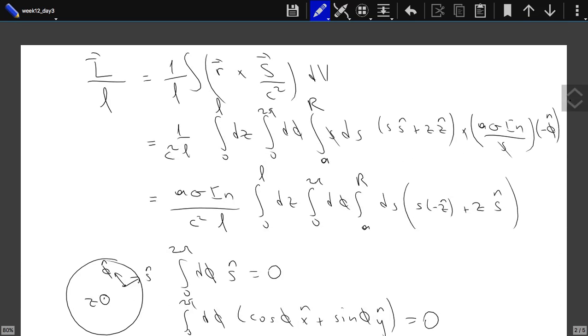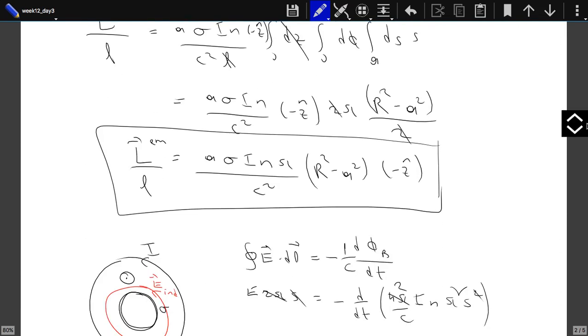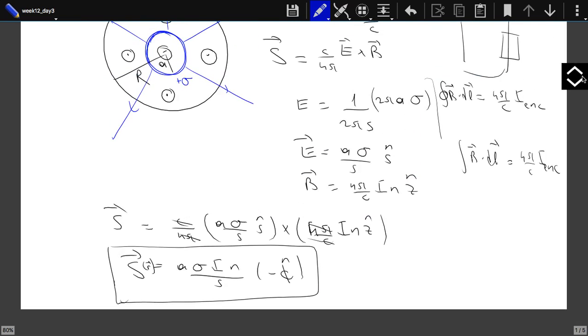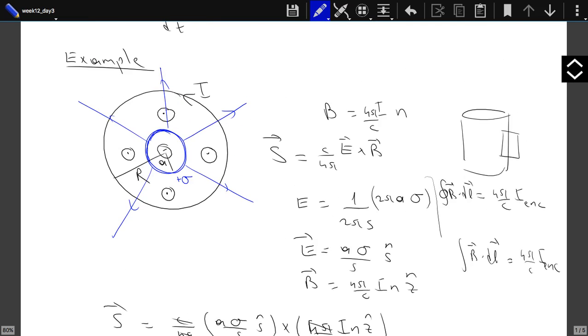Let's see, what about E? Which E? The induced one or the existing one? This one. Well, what do we know? E dot ds should be equal to 4 pi times Q enclosed. So here I have a 4 pi.